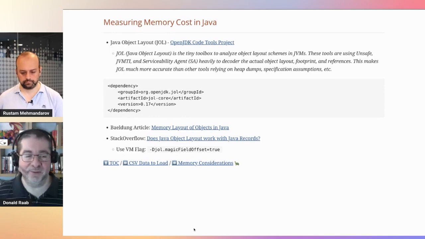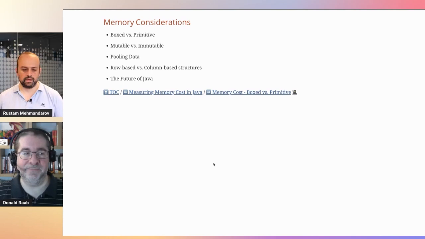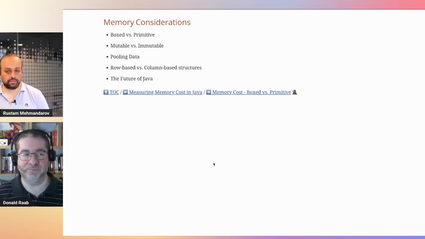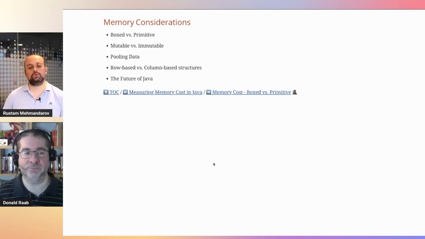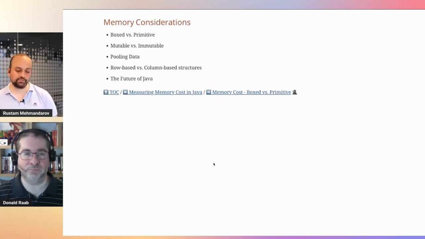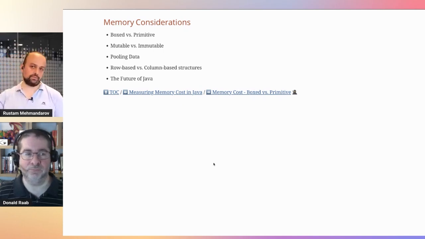So we can talk a bit about what memory considerations we're going to look at. There are actually quite a few things. We'll talk about boxed versus primitive. I'm just going to list them and leave the explanation as a kind of cliffhanger, to entice you to listen to the rest of the talk.